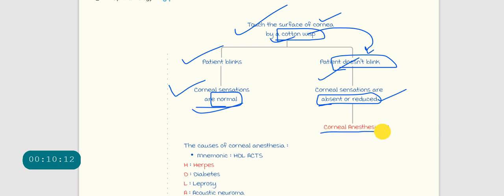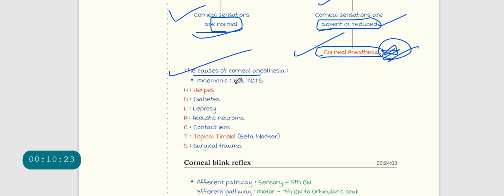Okay, now what are the causes of corneal anesthesia? We have a mnemonic over here, that is HDL acts. What is this HDL acts? H for herpes virus, D for diabetes, leprosy, then comes acoustic neuroma, and then any contact lens which is applied on the eyeball, due to which there is no sensitivity.